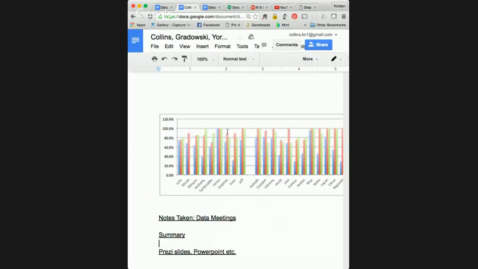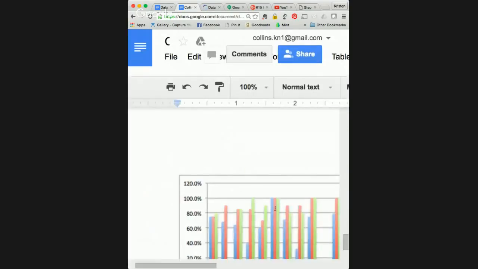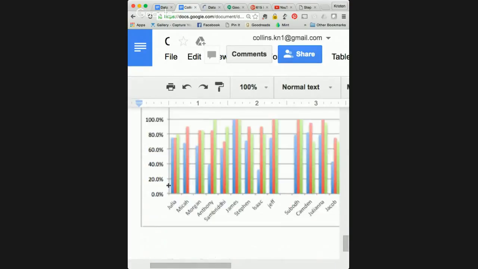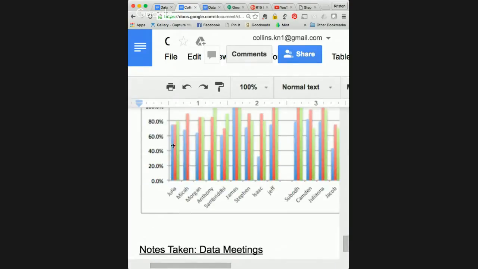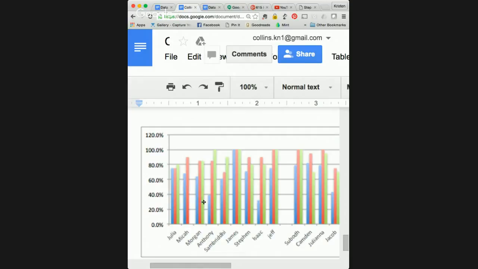But it basically shows the same information that we saw on the other side, but it's easier to see in visual how these students performed going from their pre-test to their post-test. So you can see incremental growth for some students. You can see some students did really poorly, and then as soon as we got to the midpoint, it's like a light bulb went off.